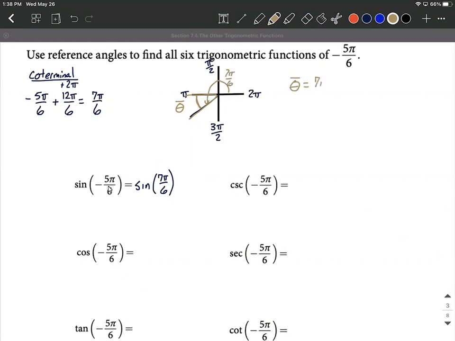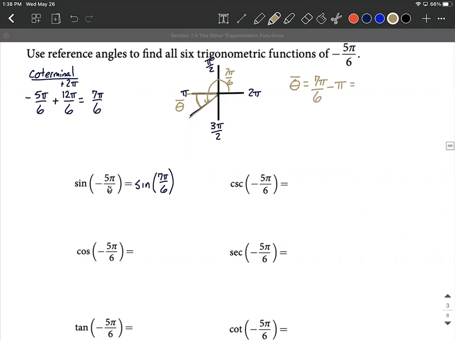So we're going to start with the longer angle, 7 pi over 6, and subtract away the shorter angle. In our case, that was pi. So we can think 7 pi over 6 minus 6 pi over 6 is going to be pi over 6. So that's our reference angle that we want to be dealing with.